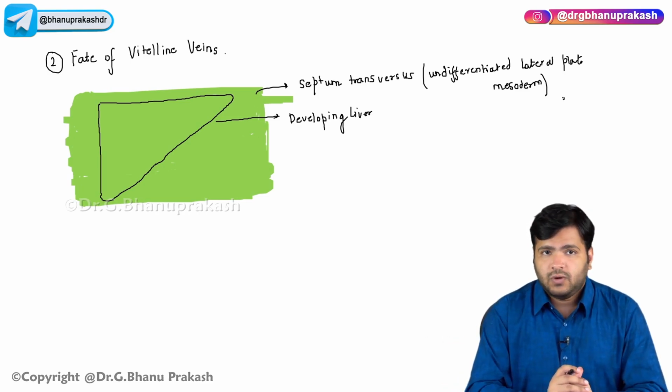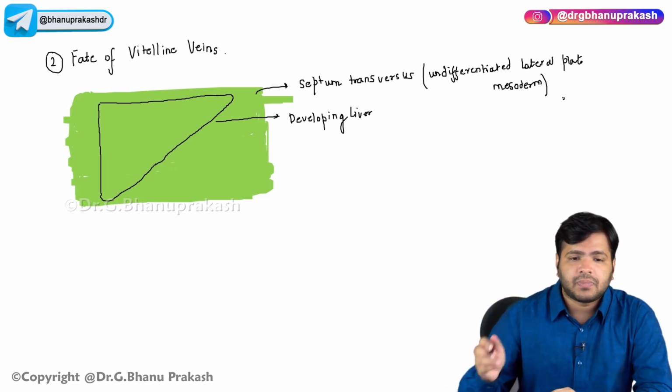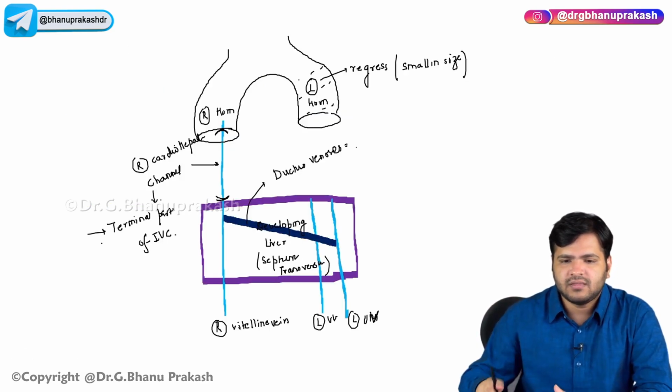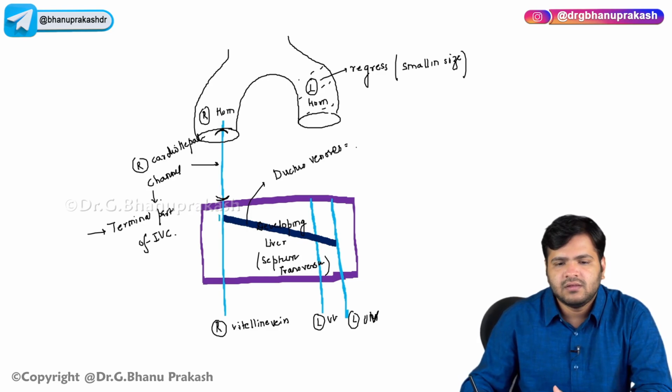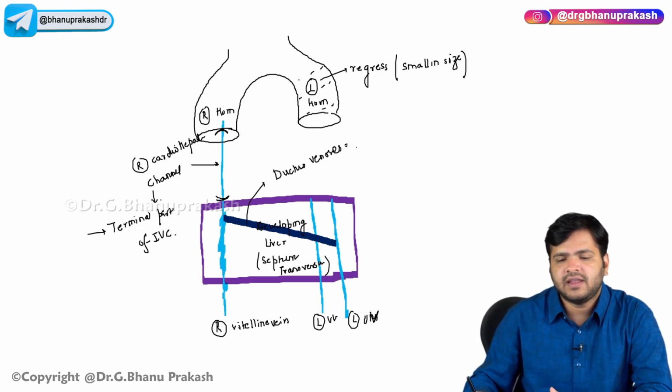Now, what will happen? In the septum transversum, I am now taking this particular area out. All these veins which are left: the right vitelline vein, the left vitelline vein and the left umbilical vein.